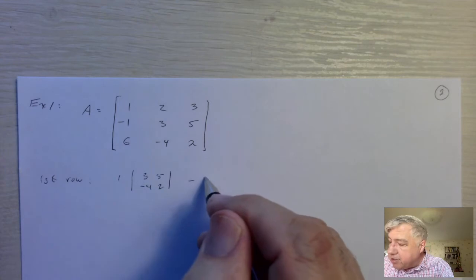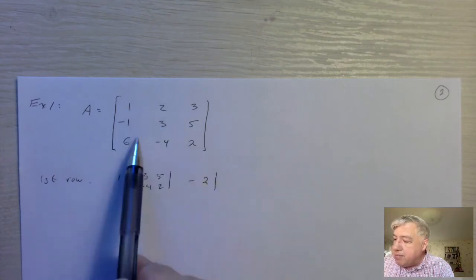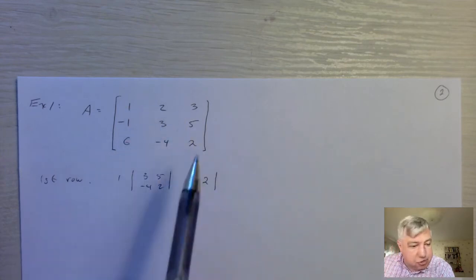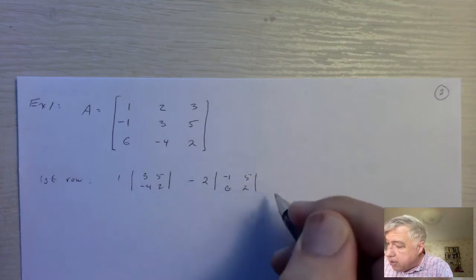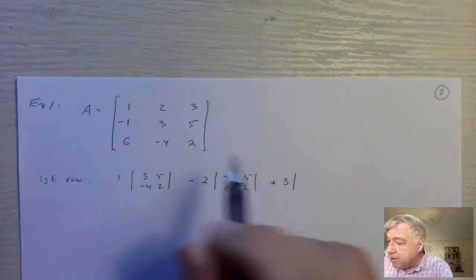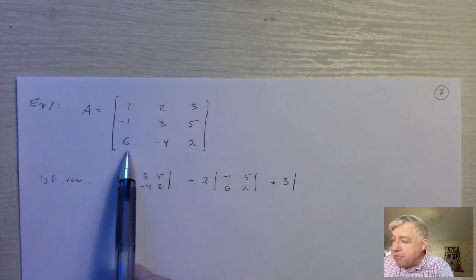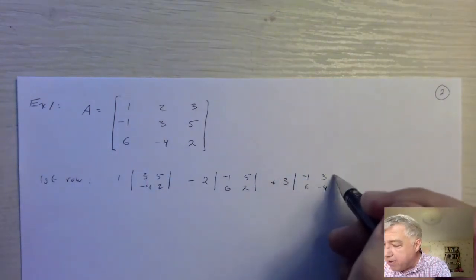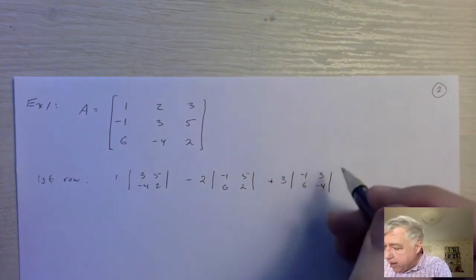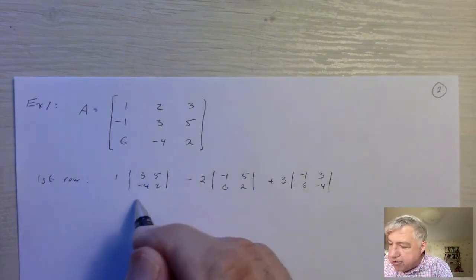And then we have minus 2 times the matrix -1, 5, 6, 2. And then we have plus 3 times the matrix -1, 3, 6, -4. Okay, and you can check the arithmetic.